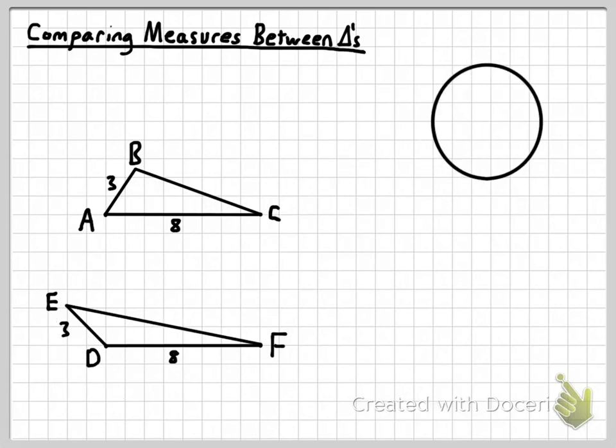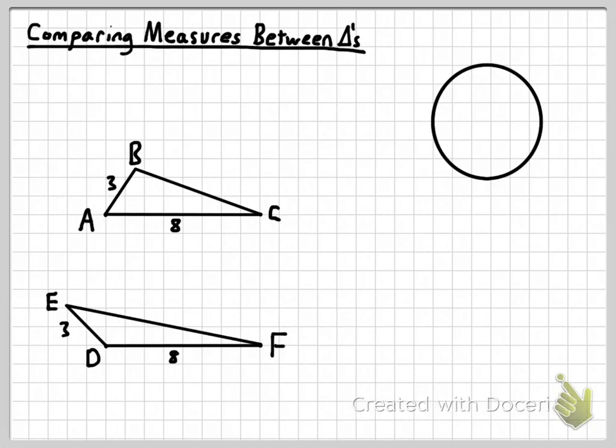Okay, so I've got two sides of the triangles that are congruent, and I'm trying to figure out which third side is larger. Well, when you have two sides that are congruent, you can use the included angle of those pairs of sides to determine which third side must be greater. You can see that the hinge angle, or, well, I'm saying hinge, I want to use that term later.